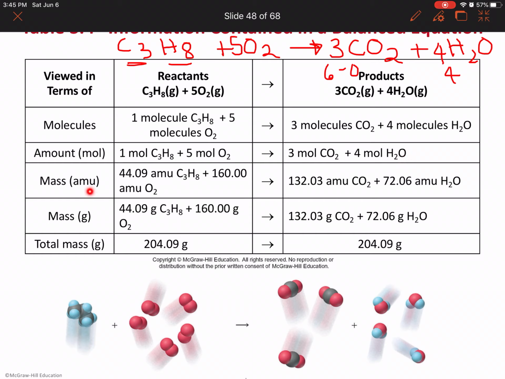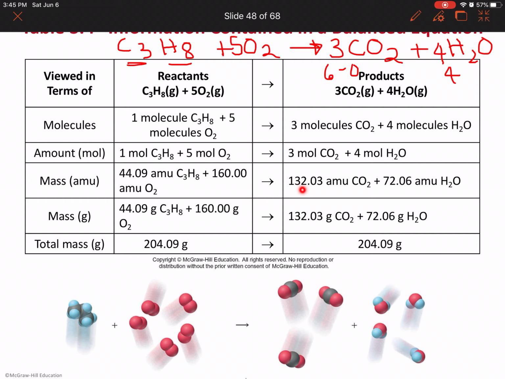And then in terms of mass, atomic mass unit, C3H8, there are 3 carbons, 3 times 12, 36, plus 8 hydrogens, 8, will make it 44 AMU, which is same as grams. And then 5 moles oxygen, O2, 16 times 2, 32 times 5 is 160. That is the mass of oxygen.